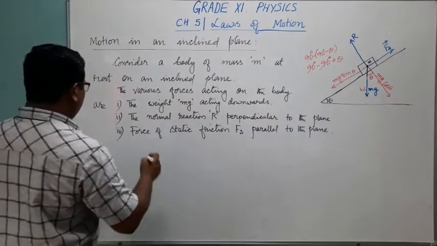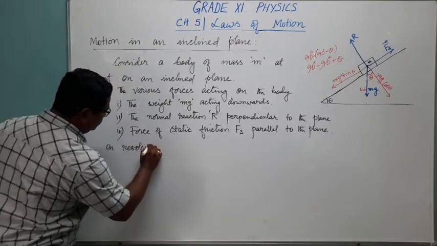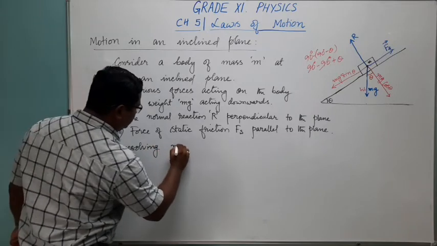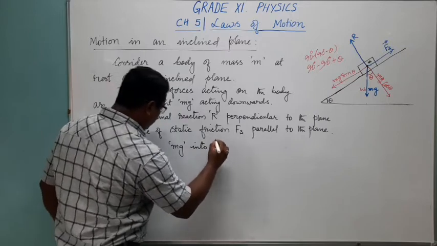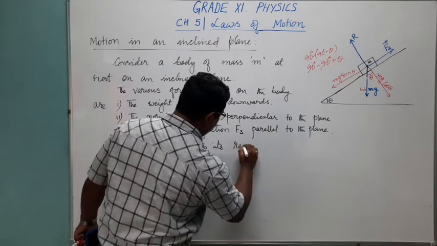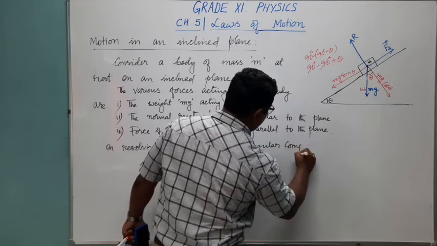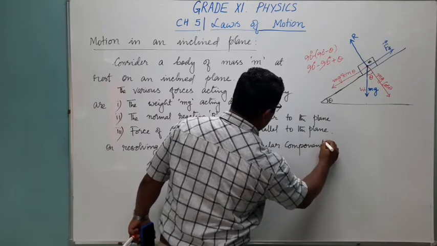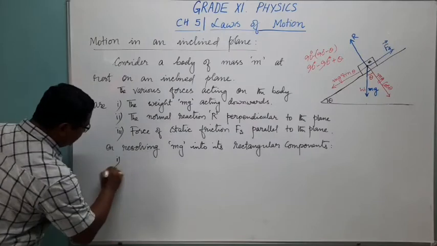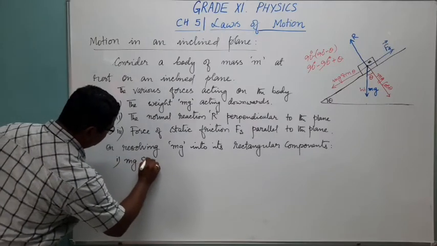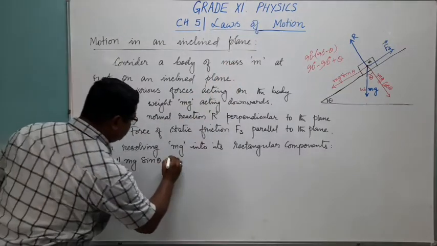On resolving mg into its rectangular components, the first one is mg sin theta, and the other perpendicular to the plane.